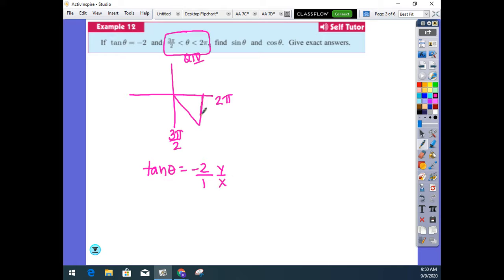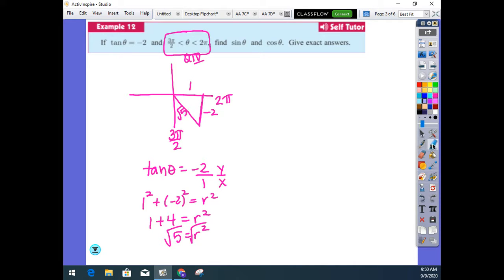So the y is -2, the x is 1. So now I'm going to do 1 squared plus -2 squared equals my radius squared, or c squared, I don't care what variable you use. Because r is always positive, this is the square root of 5.